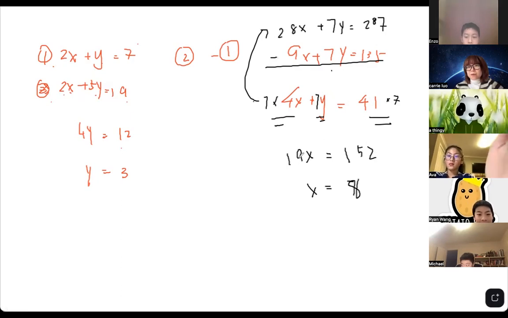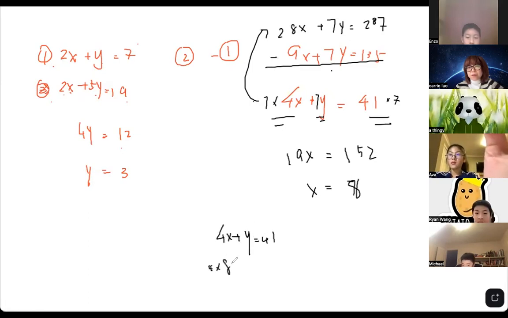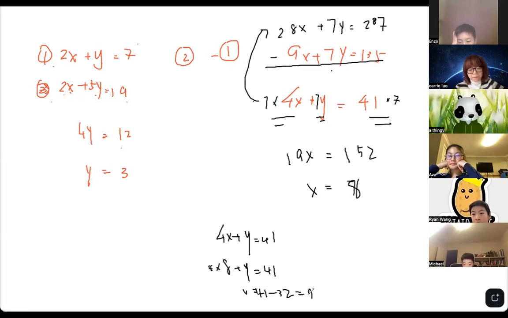So when x equals 8, we put it back because the original one is 4x plus y equals 41, right? So 4 times 8 plus y equals 41. So y equals 41 minus 32 equals 9. Get it, everybody?